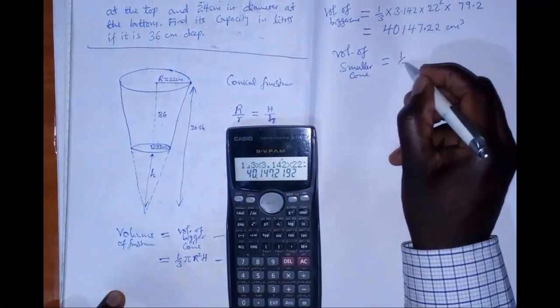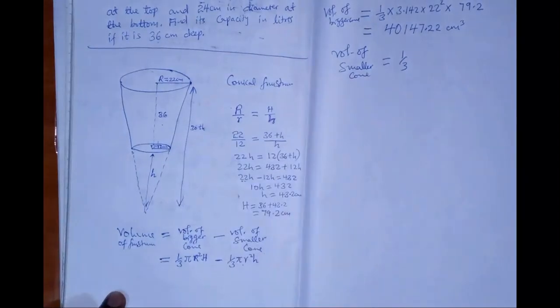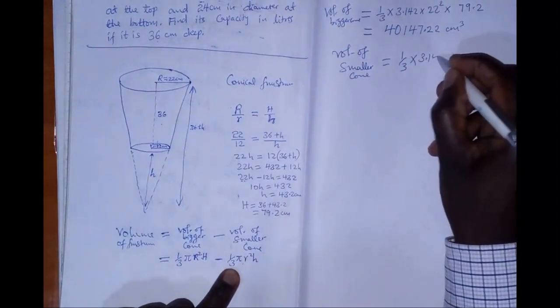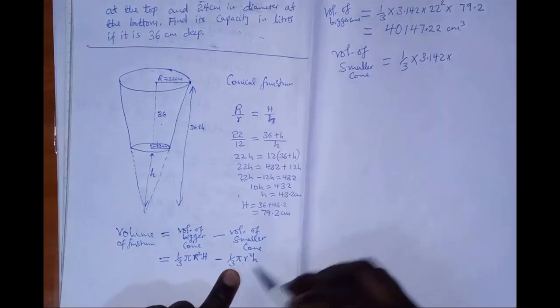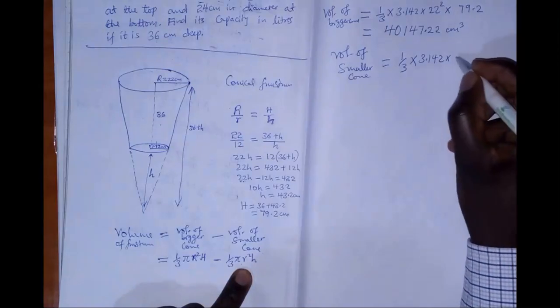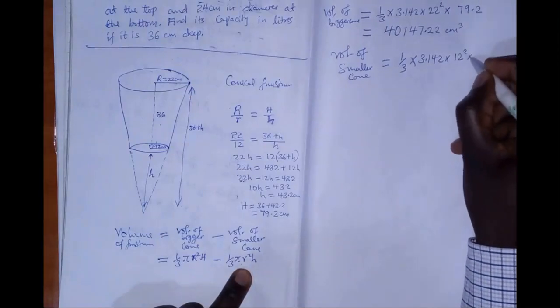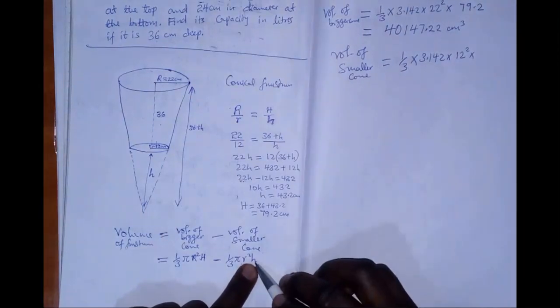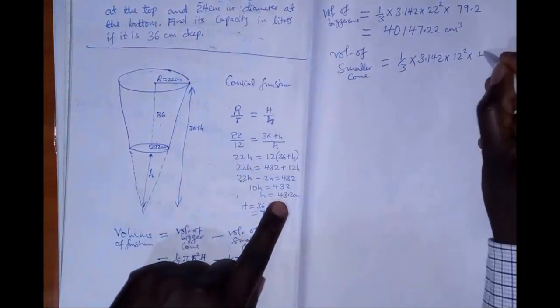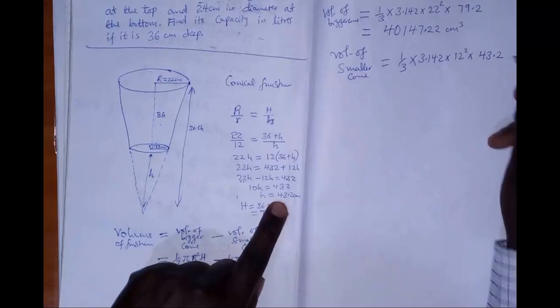Then we get volume of smaller cone will be a third times pi, we use as 3.142, times radius of the smaller cone is 12, 12 squared, times height of the smaller cone h we got as 43.2.